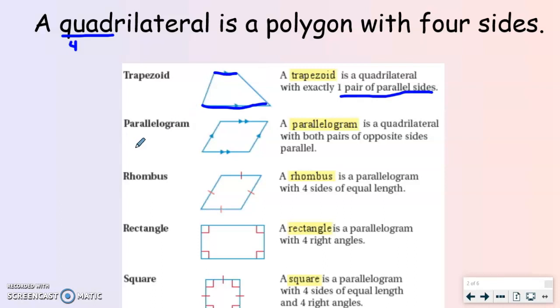So our next shape is a parallelogram, and a parallelogram is a quadrilateral with both pairs of opposite sides being parallel. So you notice here we've got the arrows on these sides showing that these sides are parallel to each other, and then there's two arrows showing that these two sides are parallel to each other.